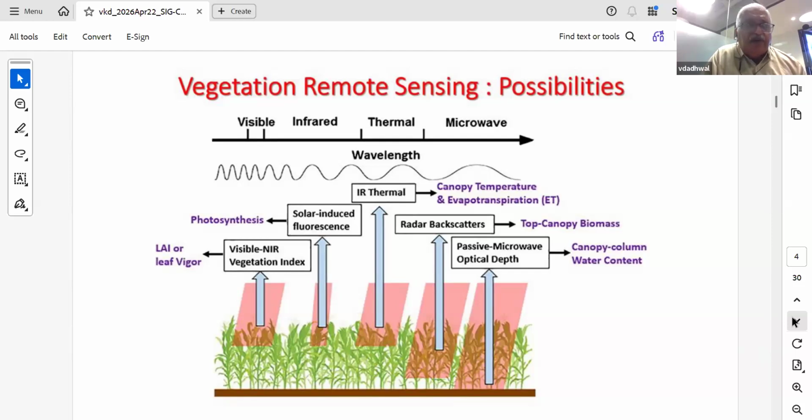And in the passive microwave, where the surface is intrinsically giving out the long microwave radiation, it is the water droplets in the leaf which absorb this, and you compute columnar water content or the vegetation optical depth, VOD, which is equivalent to the relative water content of the leaf.